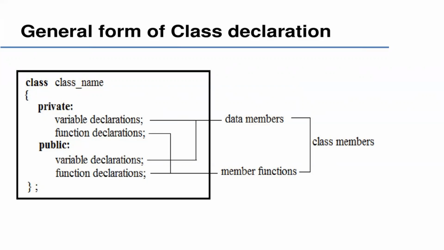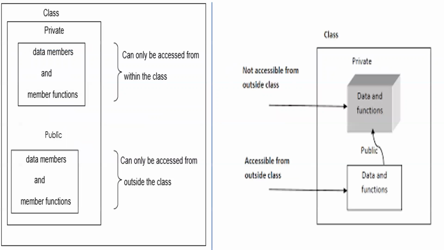You can have a function declaration private also and public also, but private means, look here, if I make data members, look on the left side of the screen, data members and member functions, if they are made private, they can only be accessed from within the class, no external use. Okay.